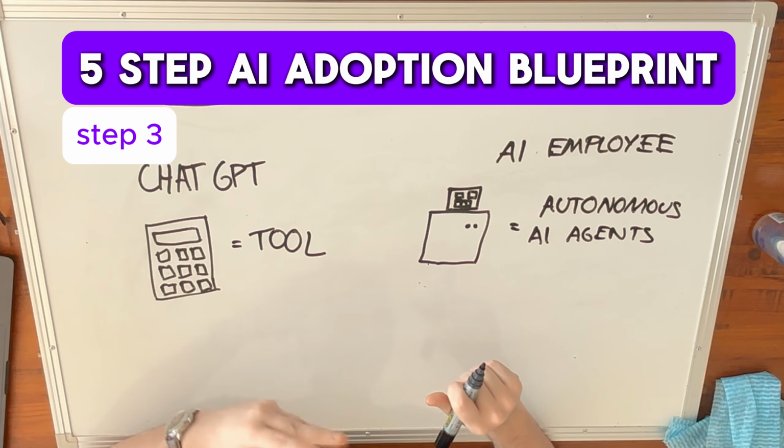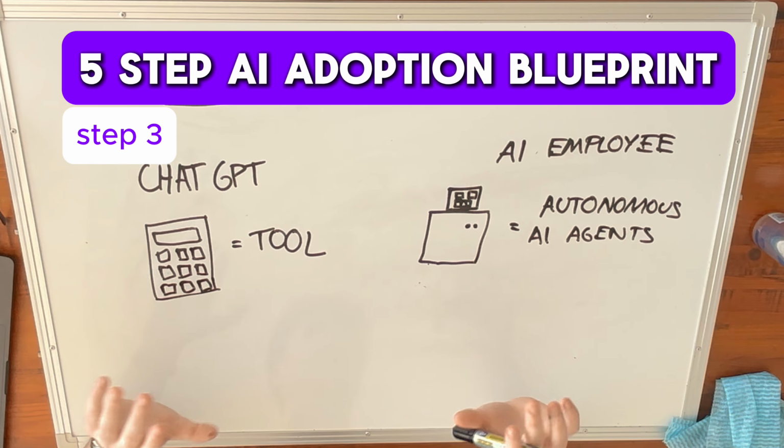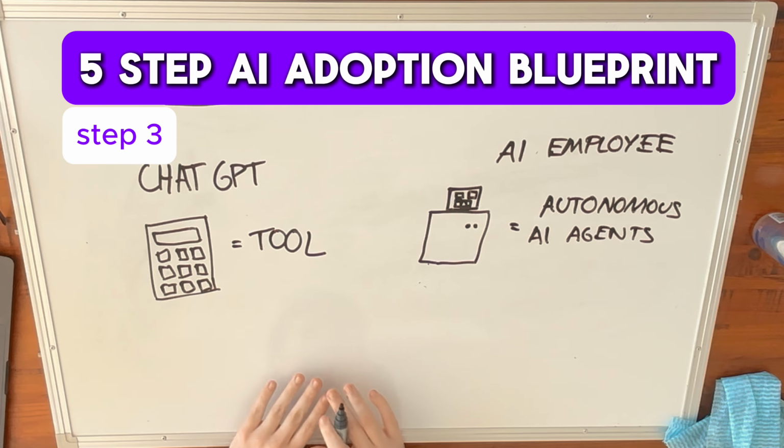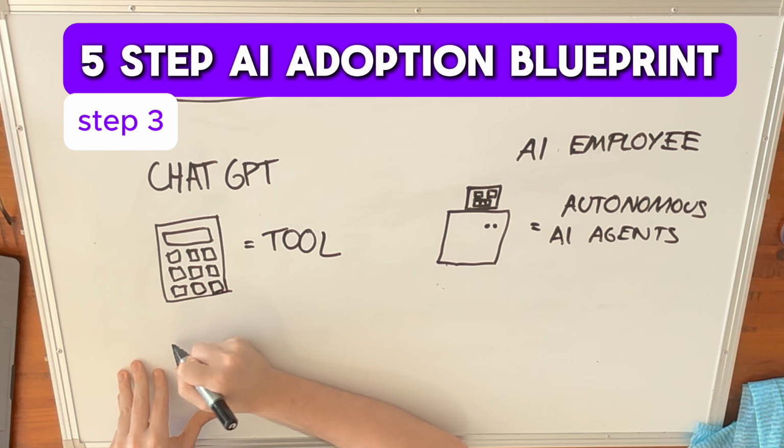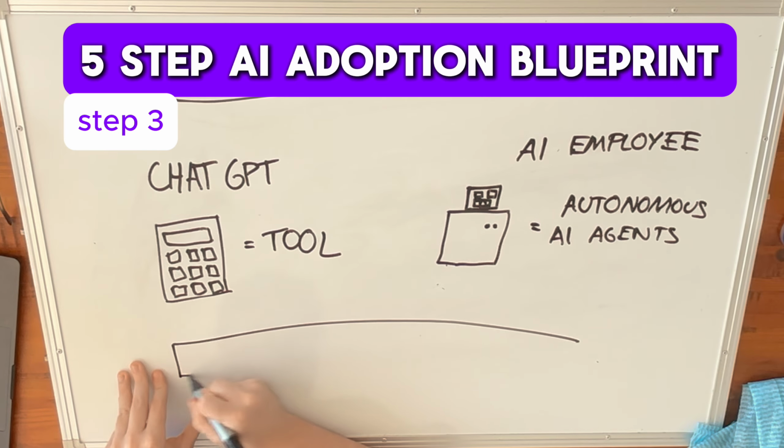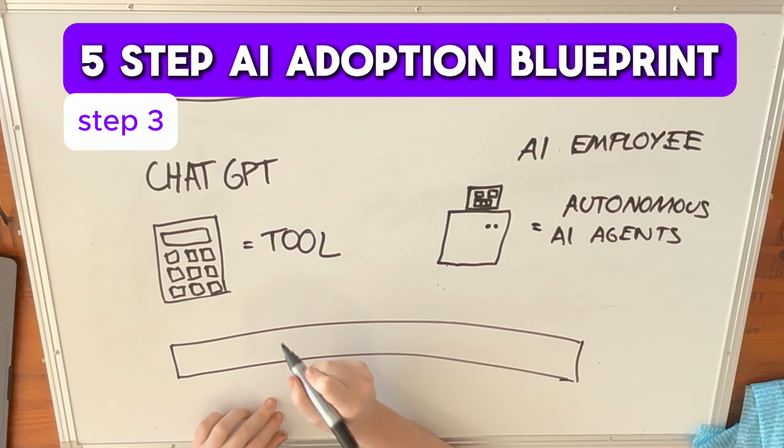So step number 3 is architecture. Now, I'm going to be very, very real here. Most businesses are just using some sort of tool. This could be ChatGPT, an external software, or Claude. This isn't actually that bad. If we think about it like a video game, let's say this is our total SOP.